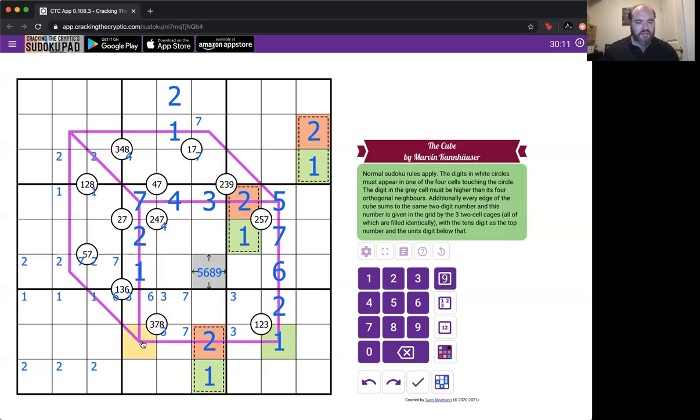So 3 and 8 is totally doable. 7 plus what? 7 plus 4 could get me there. I'm tempted to just plug in the 3 and the 8 because I've already got a 3 as an option on this one, but 7 and 4 is also doable. So 3, 4, 7, 8, without a 3 on that one, and without an 8 on that one.